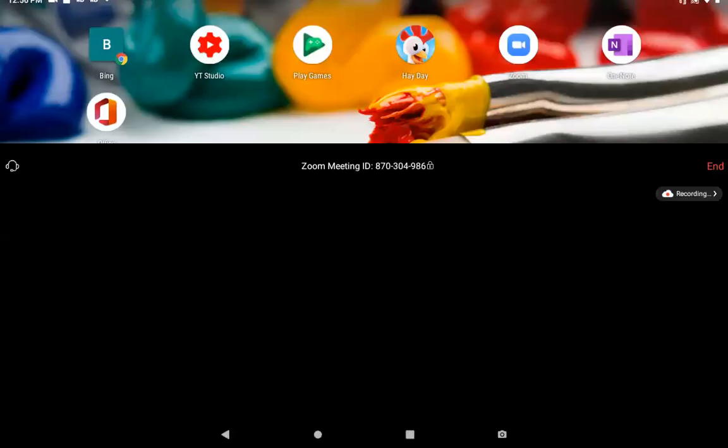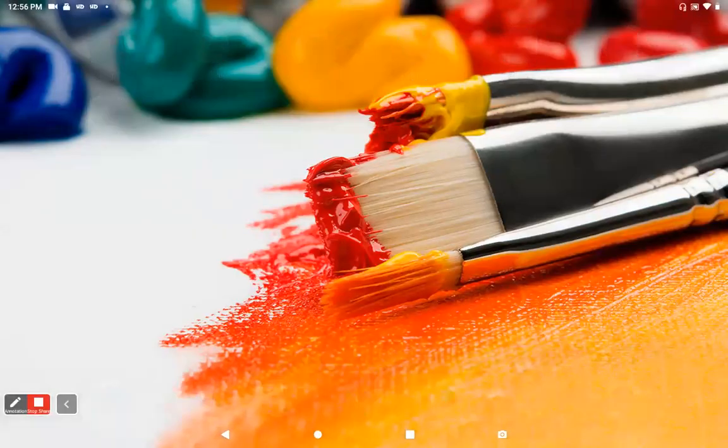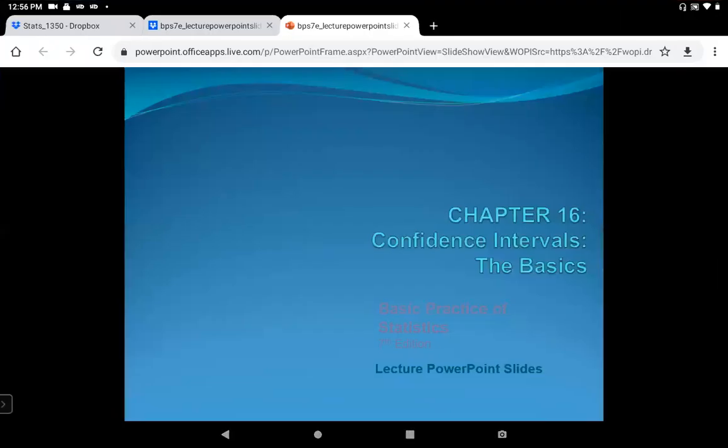All right, let's take a look at the slides in chapter 16. Chapter 16 is about confidence intervals, titled Confidence Intervals, the Basics.